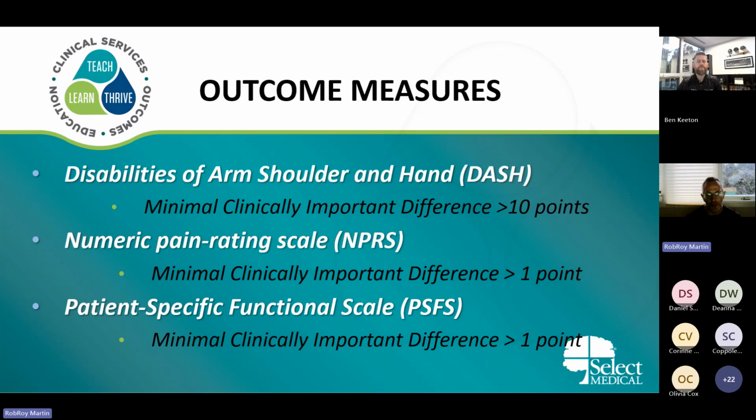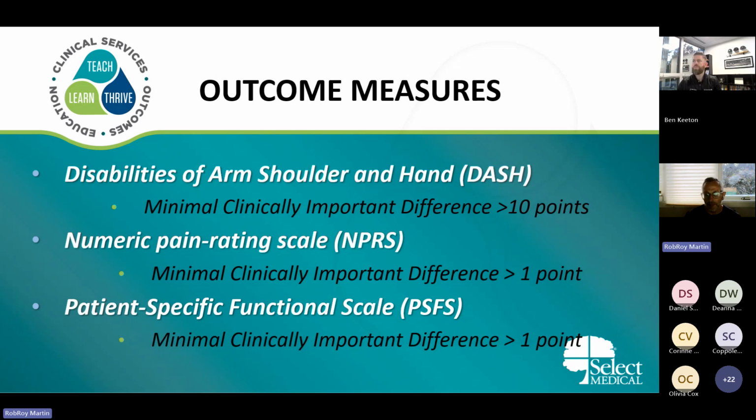The patient-specific functional scale is one that I've become fairly fond of and use routinely in really all my patients. This allows me, and allows all clinicians, to set really meaningful goals for our patients. I'm sure you're familiar with it: you have the patient identify functional activities that are difficult for them, and you have them rate their ability to do that activity on a 0 to 10 scale.